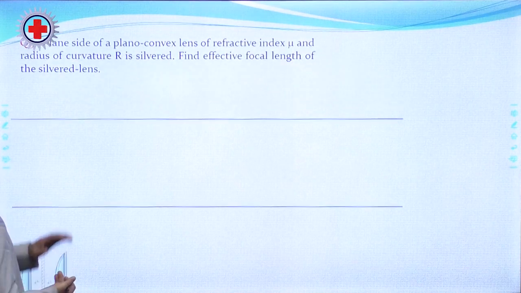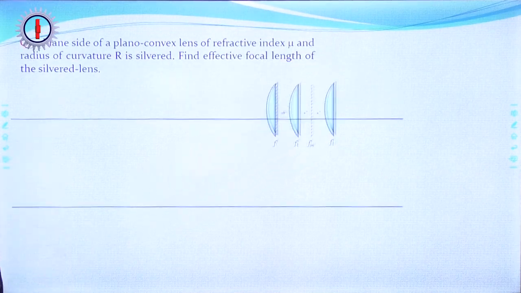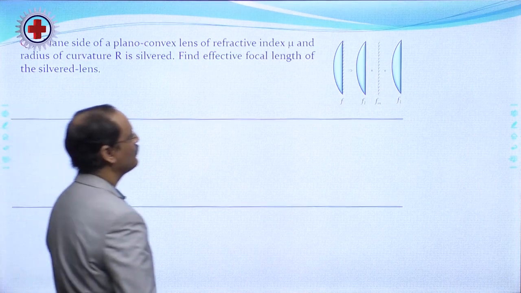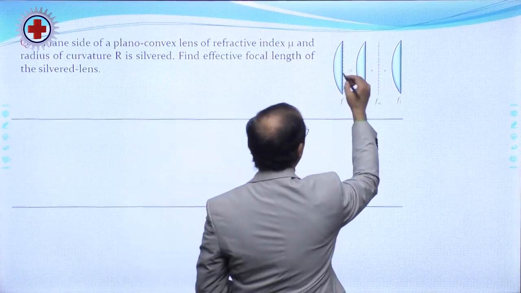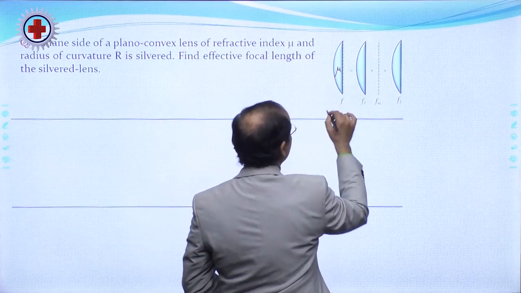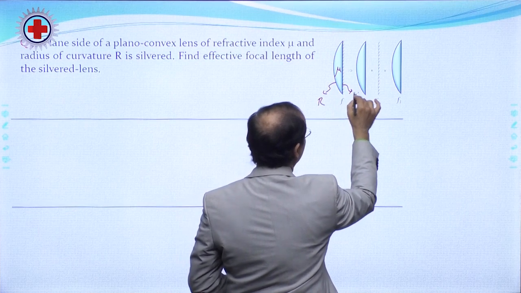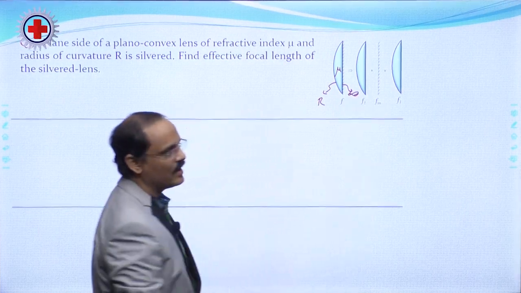Now, we have the plane side of a plano-convex lens of refractive index mu and radius of curvature r which is silvered. Find the effective focal length of the silvered lens. We have a lens having refractive index mu, radius of curvature r, and the plane surface has radius of curvature infinity.